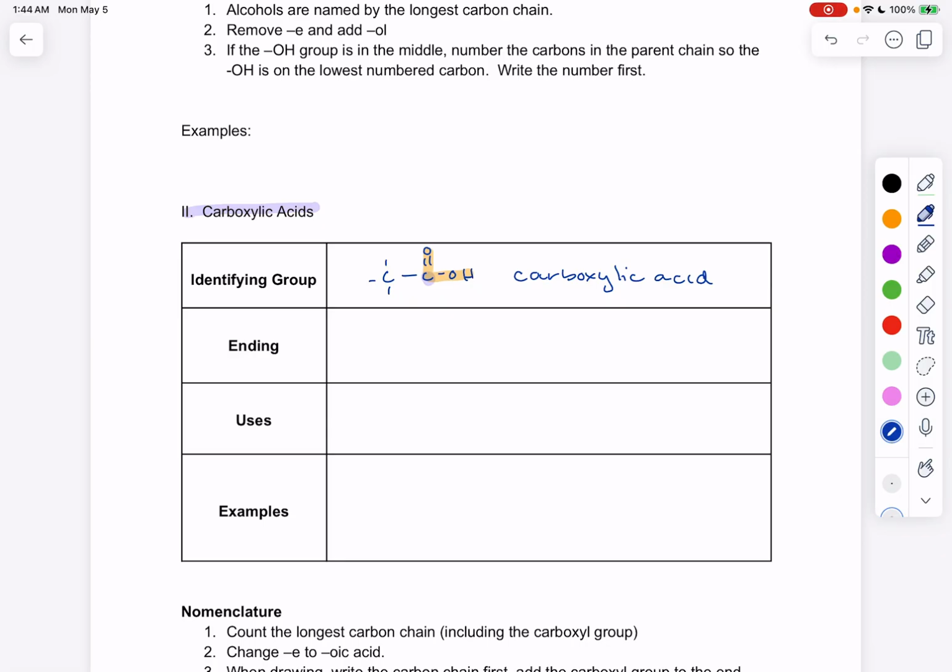So these are always found at the end of a carbon chain. Always found at the end.